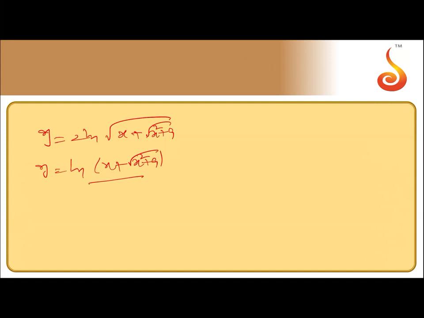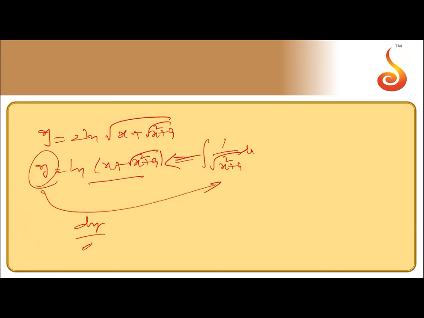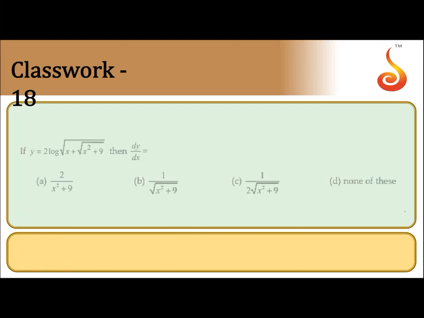I hope you know this is nothing but the integral of 1 divided by root of x square plus 9 dx. So the derivative, dy by dx for this problem, is 1 divided by root of x square plus 9.